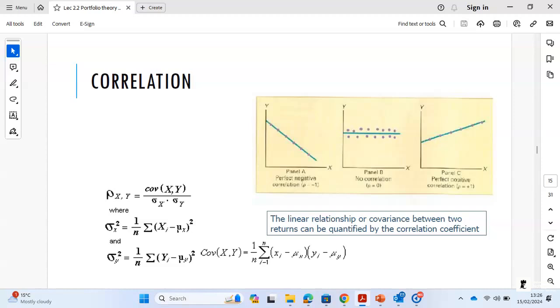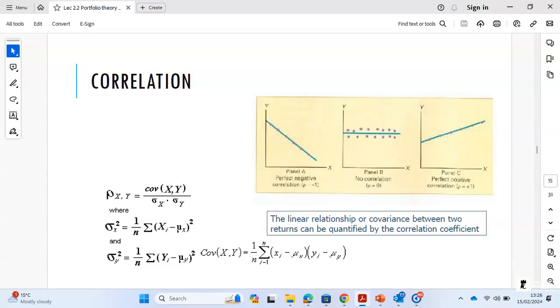So this is a mathematical representation for correlation. It measures how the two stocks covary with each other. So how do we measure correlation? It's the covariance between stock 1 and stock 2 divided by the product of the standard deviations of stock 1 and stock 2.